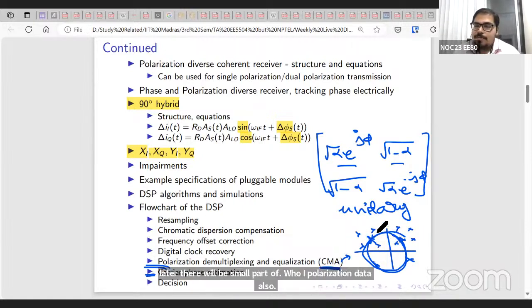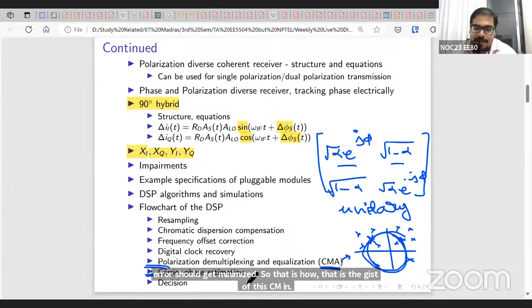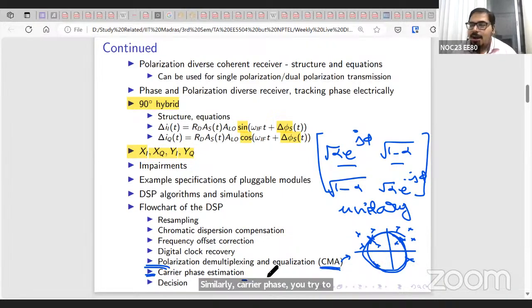So we try to change the filter coefficients so that this error, caused by all of the received constellation points being away from the ideal circle, gets minimized. That is the gist of this CMA. Similarly, for carrier phase estimation, you try to minimize how far the constellation points are going away from the ideal constellation points.